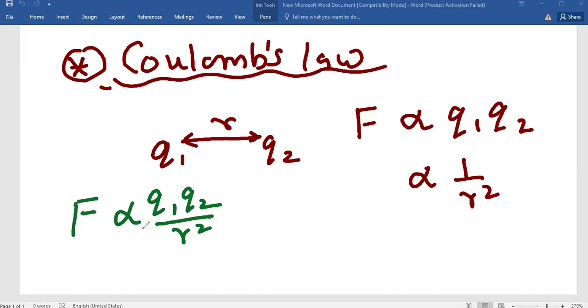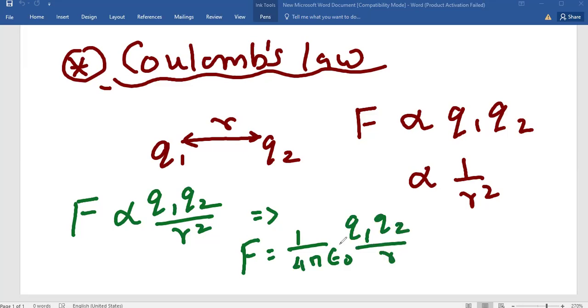Now, to remove this proportionality, you have to include one constant. So we will write F is equal to 1 over 4 pi epsilon naught Q1 Q2 by R squared. This is the constant which we have substituted.